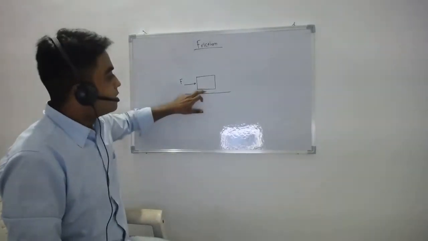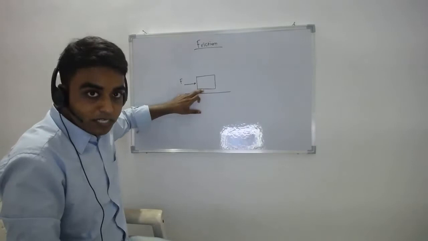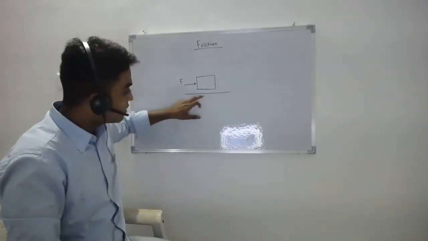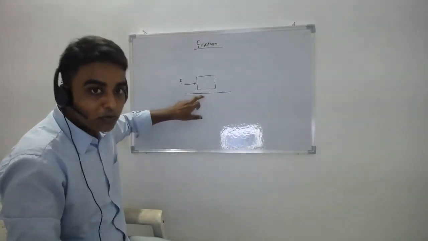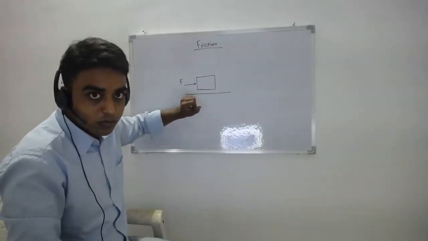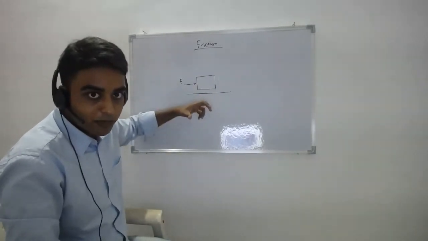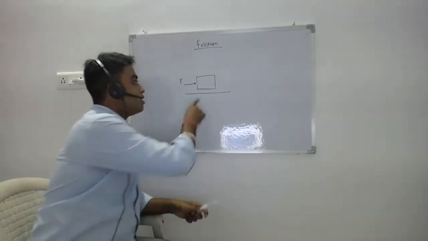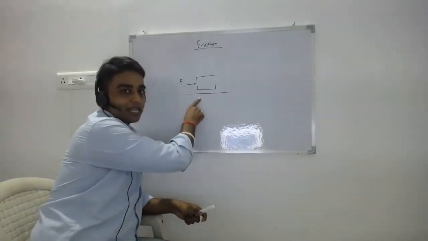So here, this surface of the object is trying to move forward and the surface of the ground is not moving. So with respect to the surface of the ground, the surface of the object is moving forward. So it has a tendency now. So what will friction do? Friction will try to stop the relative motion.